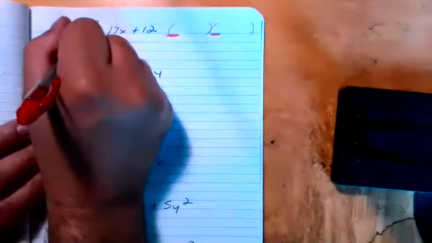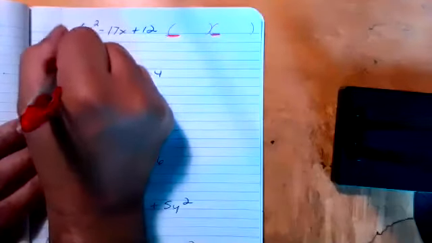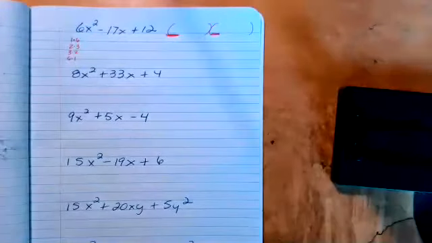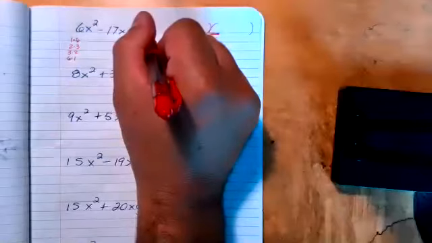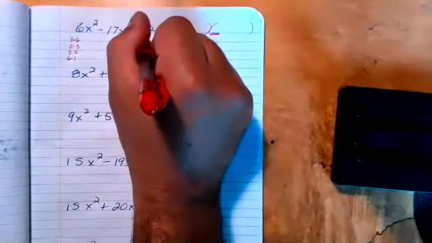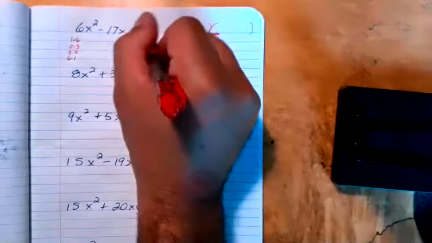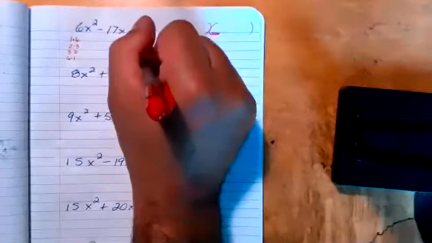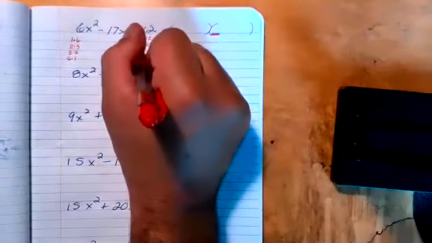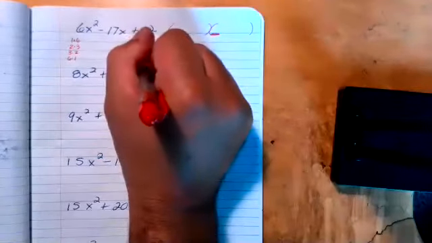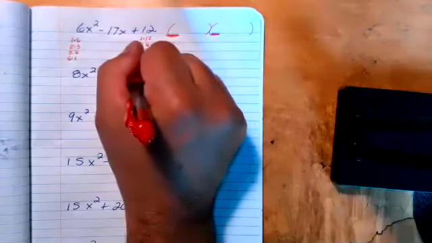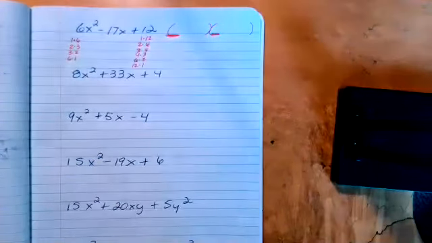Right? There's 1 times 6 and 2 times 3 and 3 times 2 and 6 times 1. This is an especially difficult problem because there's a lot of things that multiply to 12. These are composite numbers as opposed to prime numbers. 1 times 12, 2 times 6, 3 times 4, 4 times 3, 6 times 2, and 12 times 1.